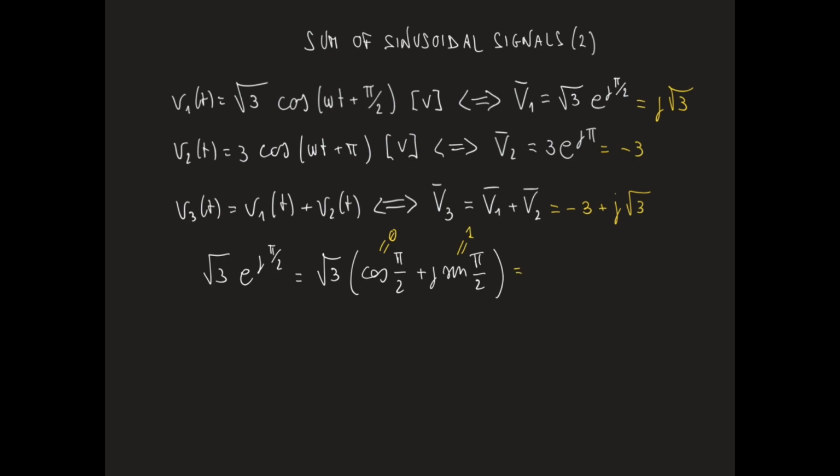So eventually we get j the square root of 3. On the other hand, again by Euler's formula, we know that 3 times e to the j pi is equal to 3 times the cosine of pi plus j the sine of pi. And we know that the cosine of pi is equal to minus 1, while the sine of pi is equal to 0. So eventually we get minus 3.